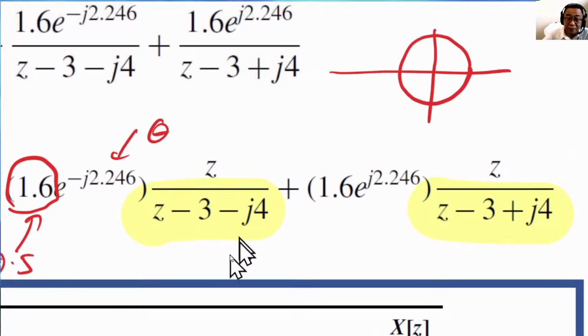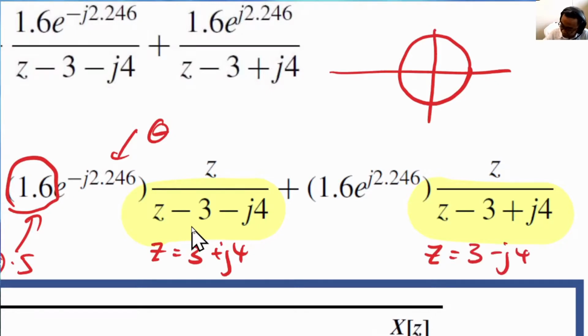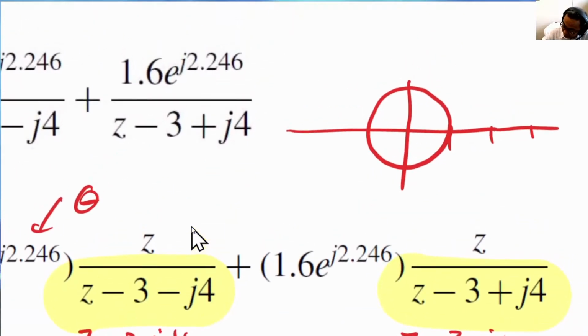And now we are going to substitute z equals 3 plus j4. This is z equals 3 minus j4. So where is 3? So this is 1, 2, 3. So now we are going to draw j4, which is here, and minus j4, which is here.